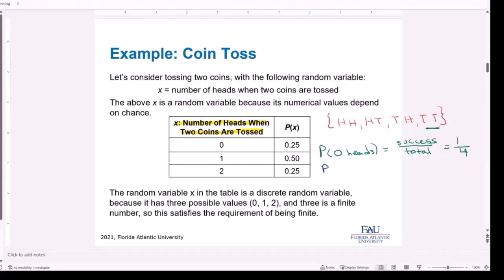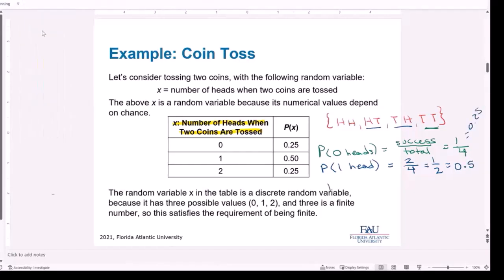The probability of getting 1 head is going to equal 2 out of 4, which is 1/2, which is equal to 0.5. Lastly, the probability of 2 heads equals 1 out of 4, which is equal to 0.25.